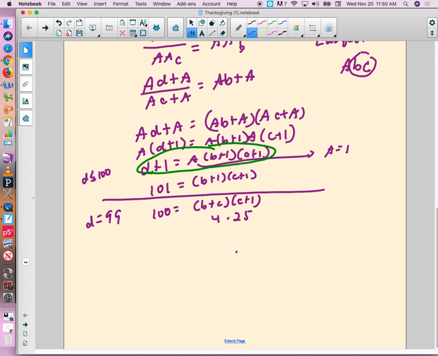I had to be really structured in this. Okay, so B plus 1 is 4, so B would be 3, and C would be 24, and I would add them together for 27.